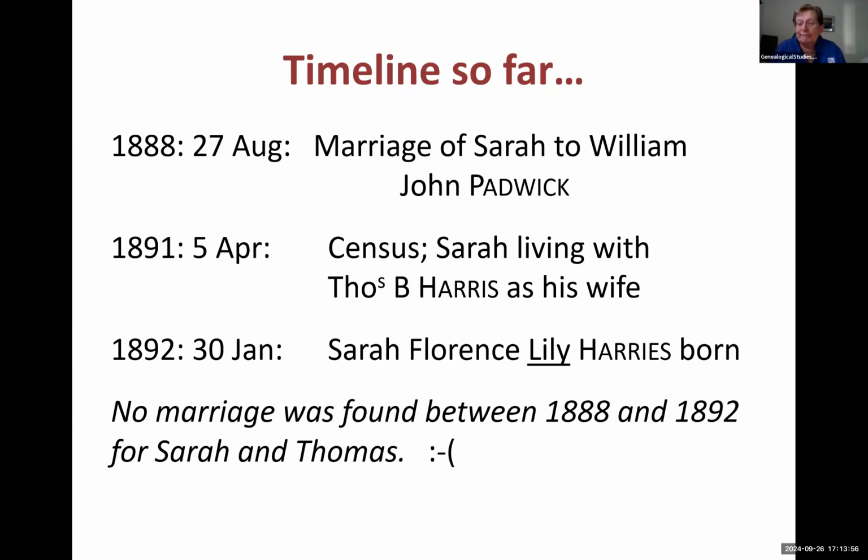By the 5th of April, 2.5 years later on, Sarah is living with Thomas Harries as his wife. And just 10 months later, Sarah Florence Lily Harries was born. But I can't find a marriage between 1888 and 1892 for Sarah to marry Thomas Harries and become his wife. Oh dear.